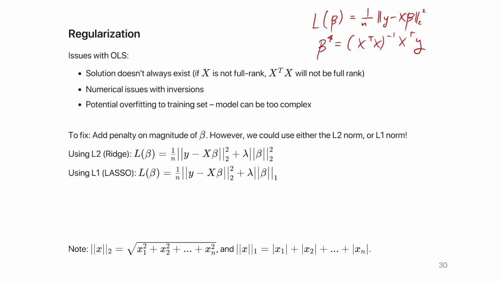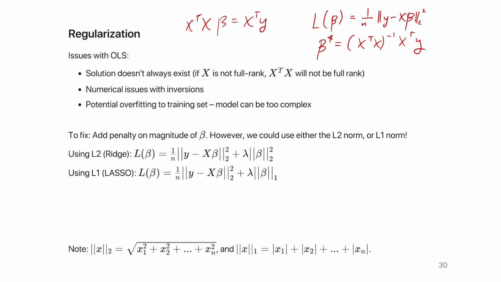Yeah? If there are problems with inversions, why couldn't we solve X transpose y equals X transpose X beta? So you're saying, why don't we just estimate X transpose X beta equals X transpose y?